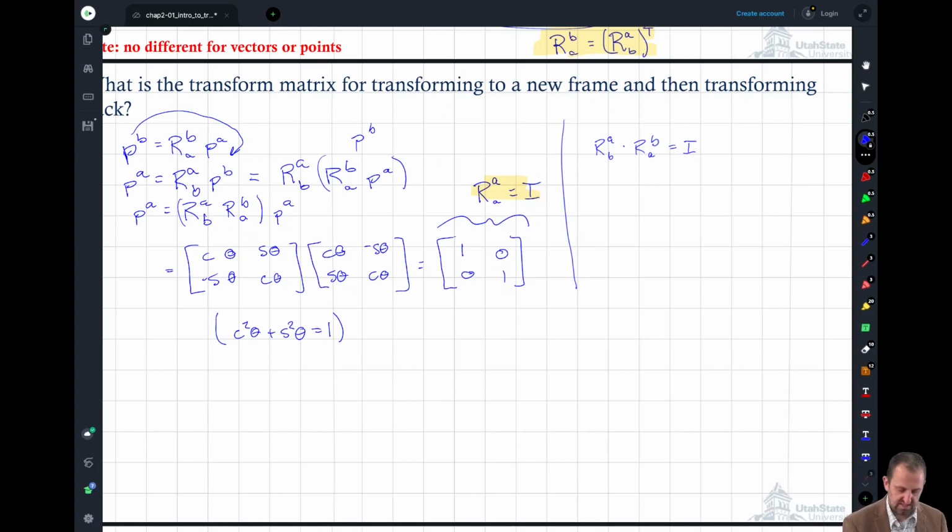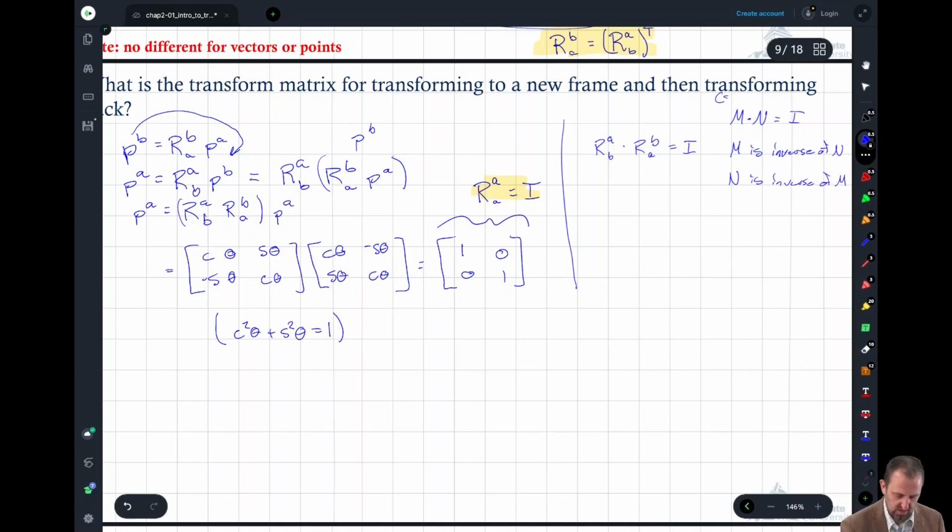Because if you have two matrices, M times N is equal to the identity, that means that M is the inverse, if they're both square matrices, sorry, inverse of N, and N is the inverse of M. Again, these are square.